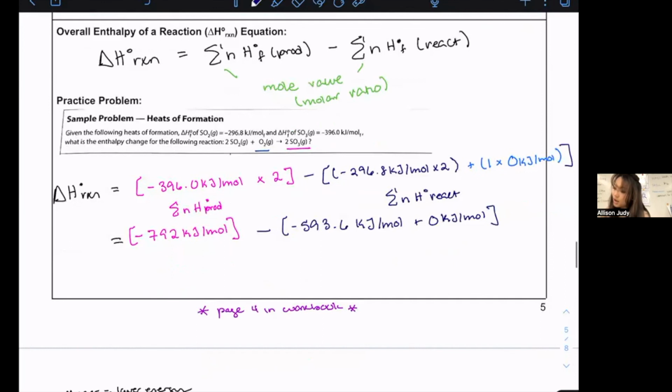Then I simplify that even further and I get an overall value of negative 792.